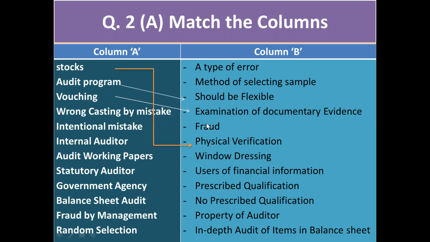So from all these options in the B column, the most correct one you have to choose, and that is the perfect match for this option. That is, the stock should be matched with the most correct option from all these options. In MCQ, there are only four options, but in match the columns, there may be many more.